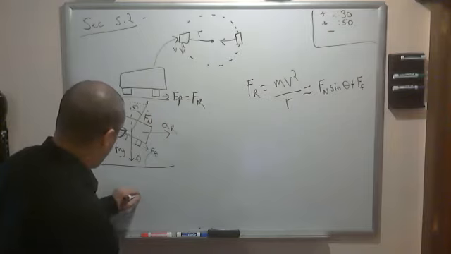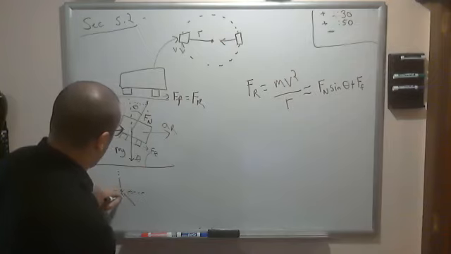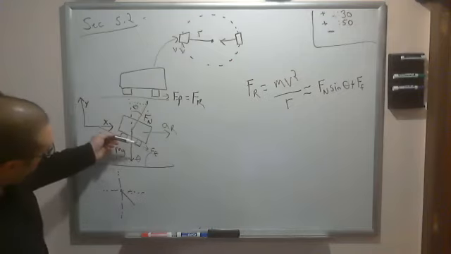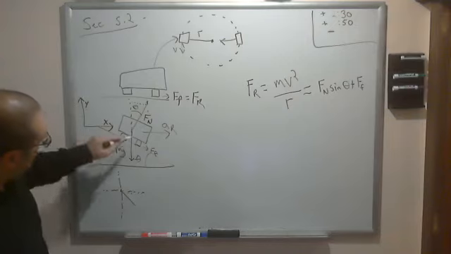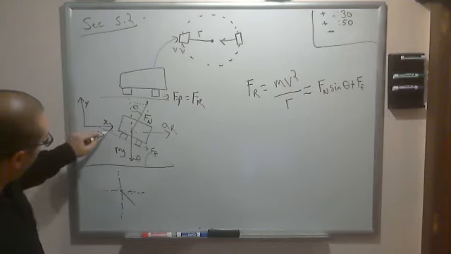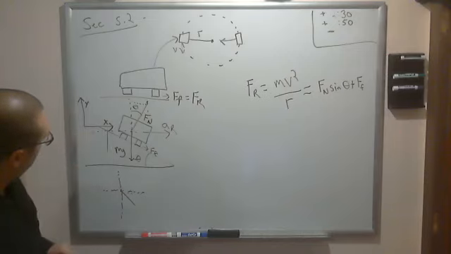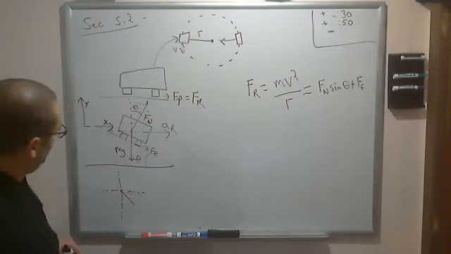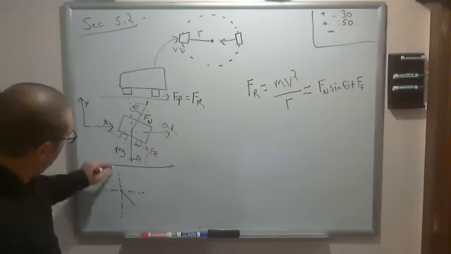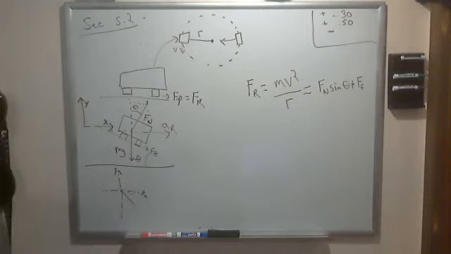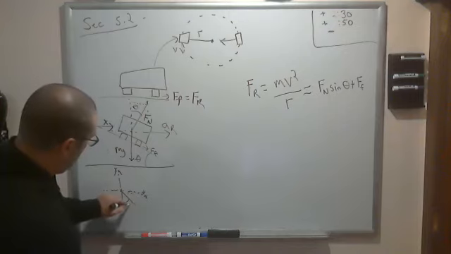So this is our coordinate system. Friction's pointing downwards like this, so the friction is downwards like that, and this is X and Y. That implies that this is our theta.